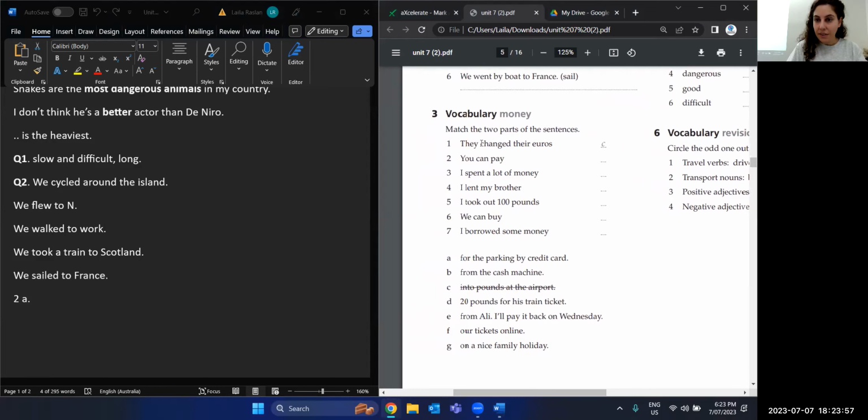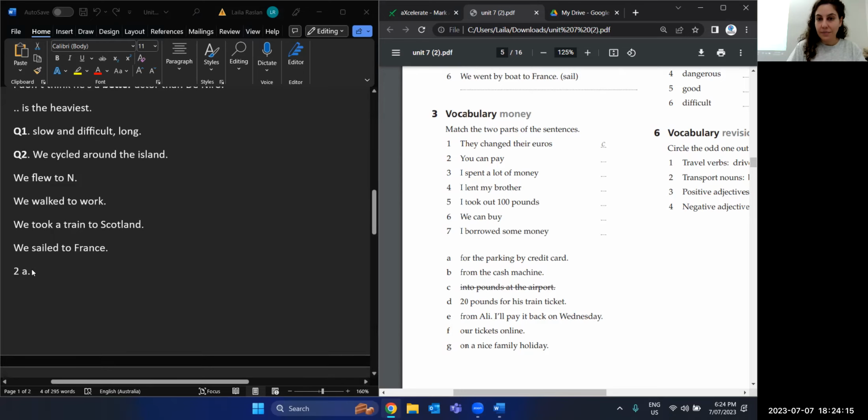So 1, they already did it for us, C. This is a connected sentence: they changed their money, their euros, into pounds at the airport. So 1C.